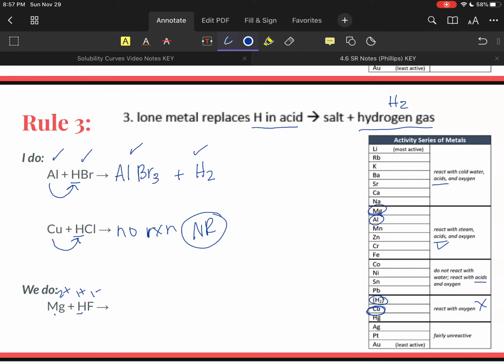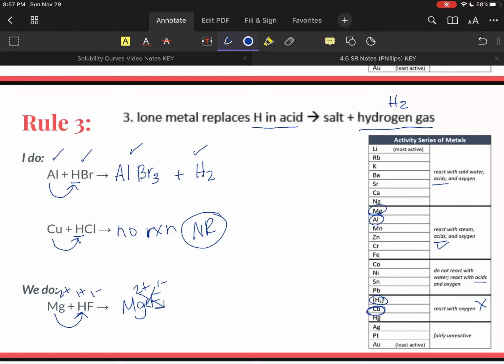All right, so if you tried it, you know your magnesium is going to replace the H. That's what our rule tells us. So we're going to have Mg, which is 2 plus, and an F, which is a 1 minus. When I crisscross my charges, the 1 is going to drop down by magnesium, but it's going to be invisible.